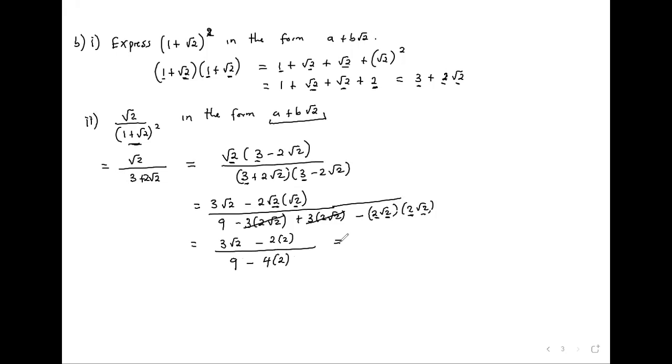So we get 3 root 2 minus 4 over 9 minus 8, which is 3 root 2 minus 4 over 1, which is equal to 3 root 2 minus 4. We've been told to express it in this form. So we can start with 4 and then end with 3 root 2, like that.